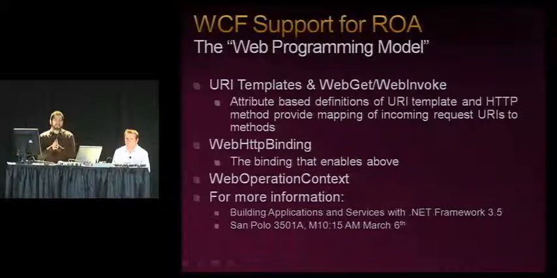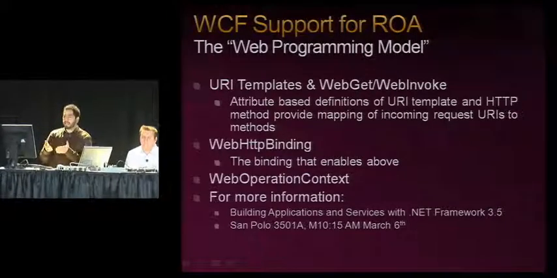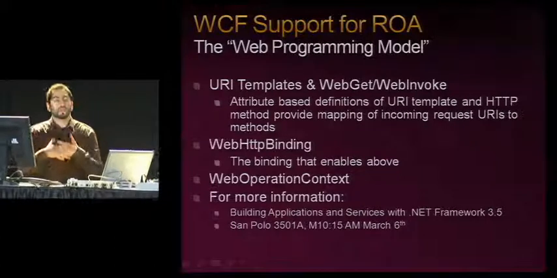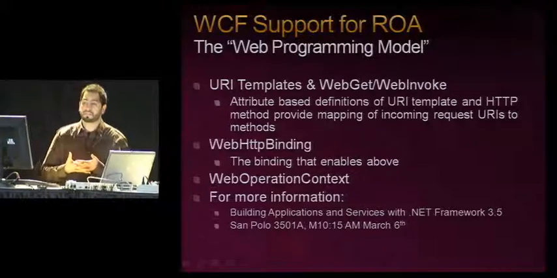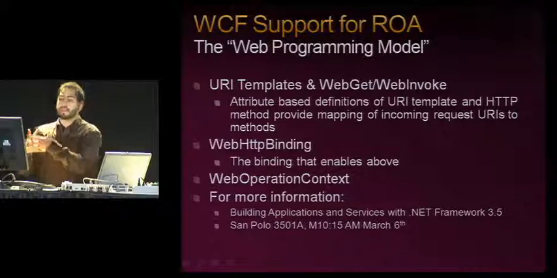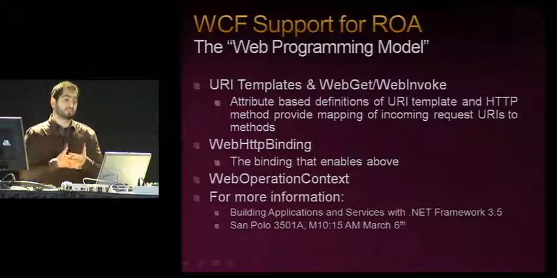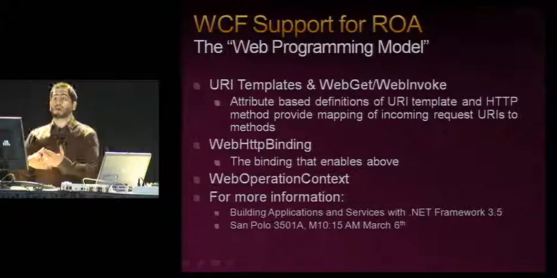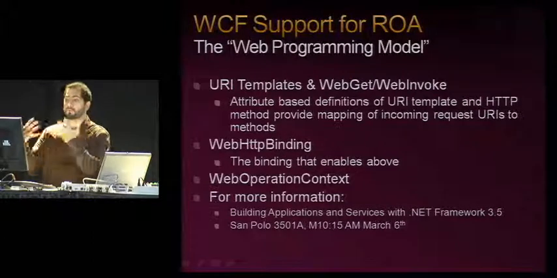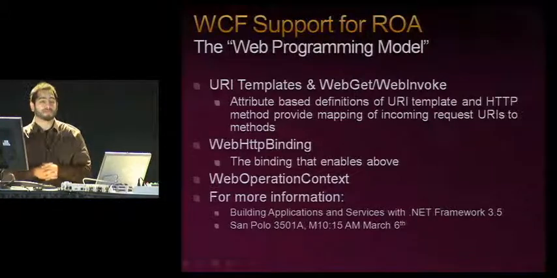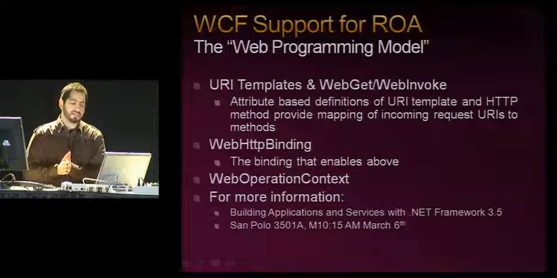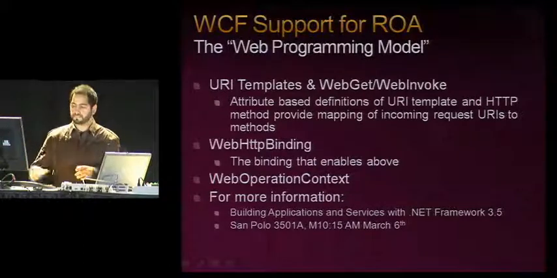It's a non-authorized status code. We would like to send that back to stay RESTful and authentic towards the RESTful principles. We would like to send back a 401 exception. And so what the web operation context does and how we leveraged it in our API was to be able to manipulate the status codes, the outgoing headers, and the outgoing payload or entity body that goes back to the user in order to be as close to the REST model as possible. And it made it very, very easy.